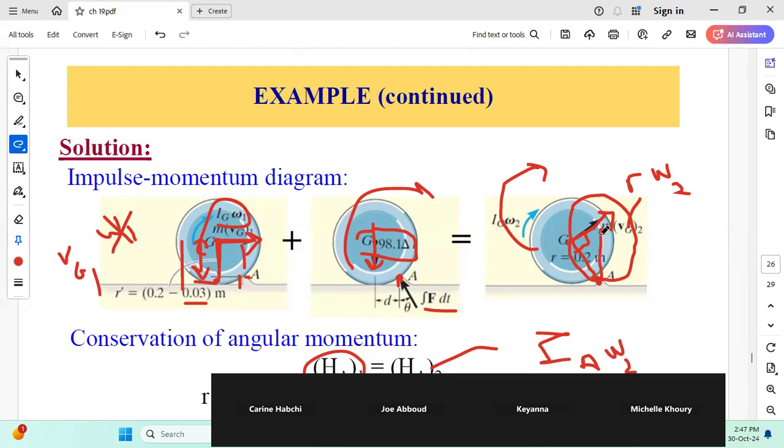Because when you want to roll over A, the level of G will increase. Look, at the initial figure, what is the elevation of G? It's the radius of the circle, 0.2. But when you want to go over the pivot, let's say this is your pivot, you want to roll over it, your disk will be in this position now.